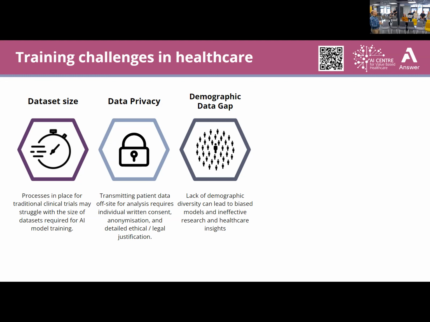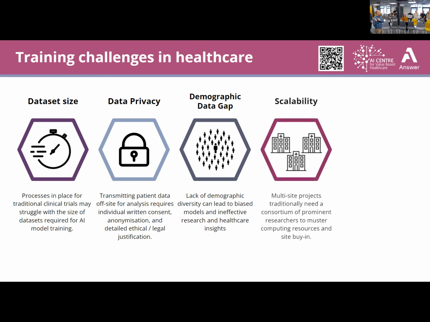So a strong AI model will have to have a wide range of different demographics in the training data set in order to perform well on patients from different demographics when it comes to being deployed. And for that, we need to scale up.